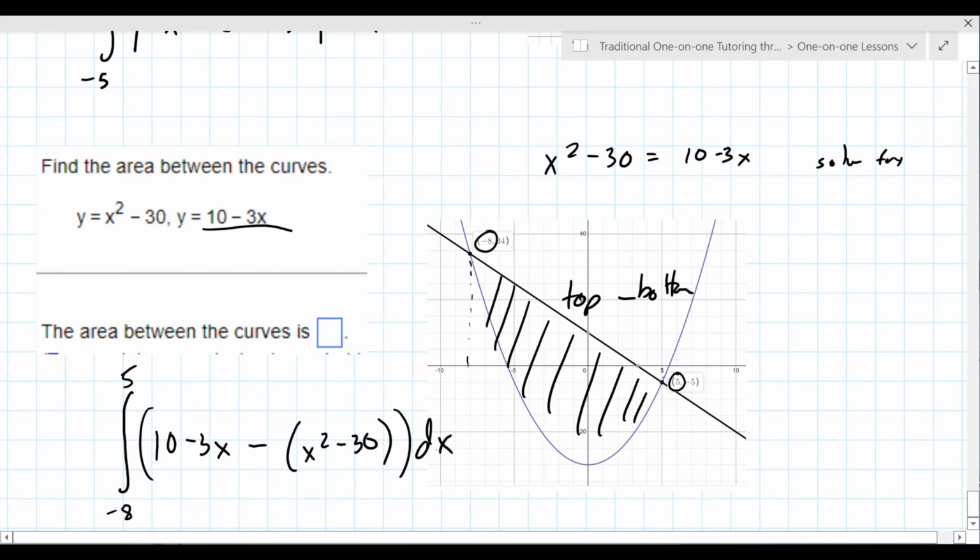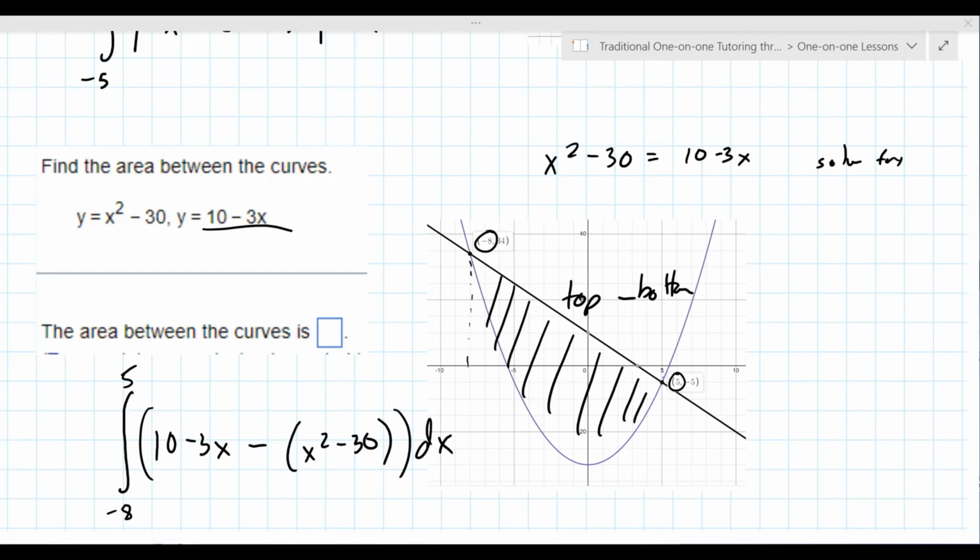Okay, but if you didn't want to do that, you could just do absolute value, but this is correct as is. So you subtract the top minus the bottom, and then hopefully just enter it in the calculator correctly and get a number out for the area. 10 minus 3x minus x squared minus 30.